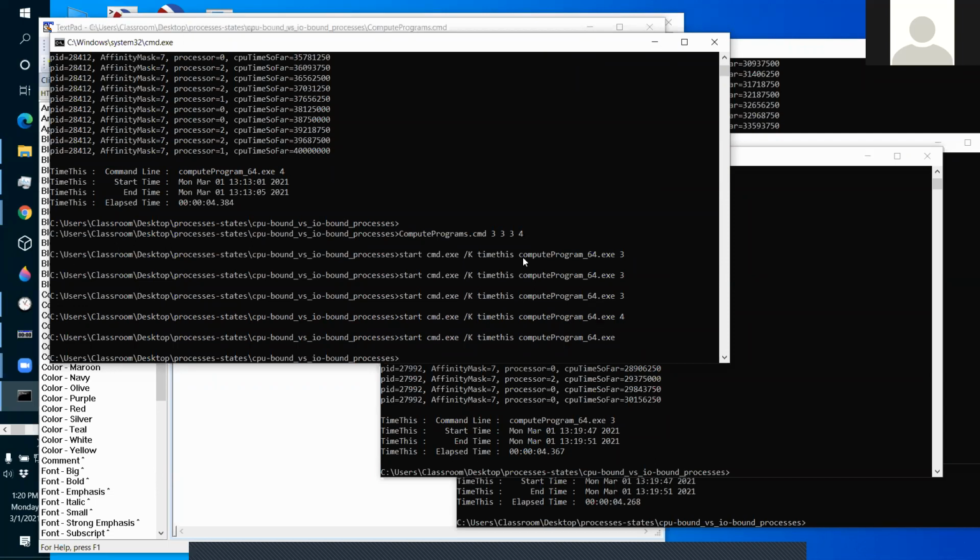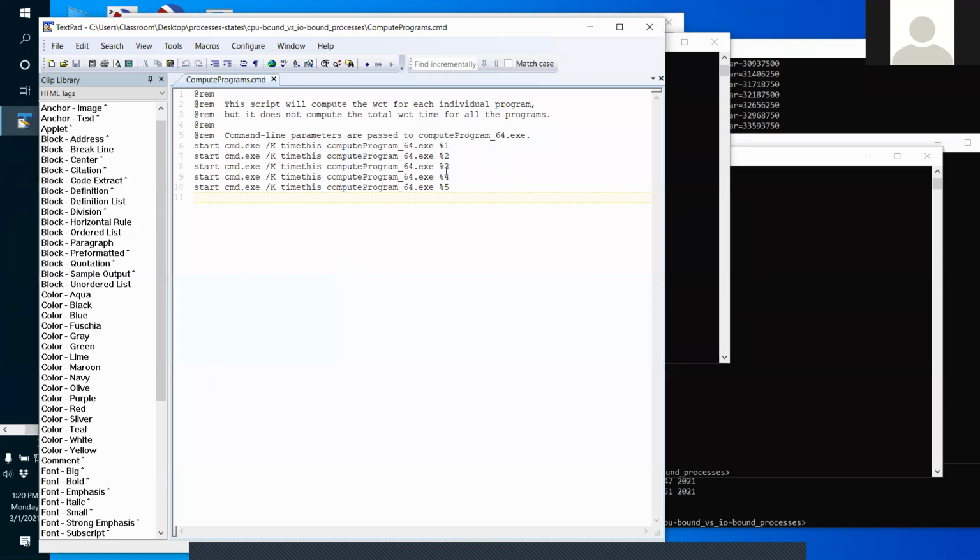The script is kind of dumb. The script always tries to launch 5. It should actually ask how many command line arguments there are and only try to launch as many as there are. But I didn't feel like writing a more complicated script, so I just pretend that there are 5 parameters. I could have written an if statement in here, or a while loop that loops on the number of parameters. Actually, I probably should give it the while loop.